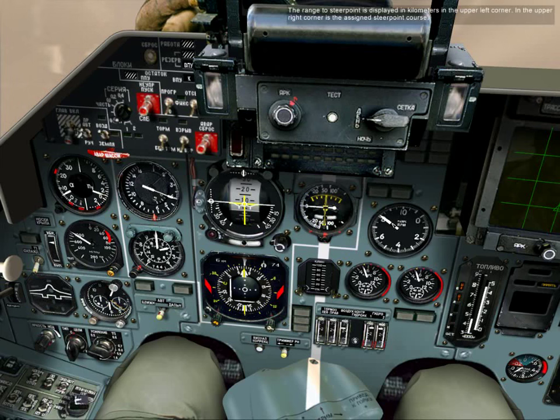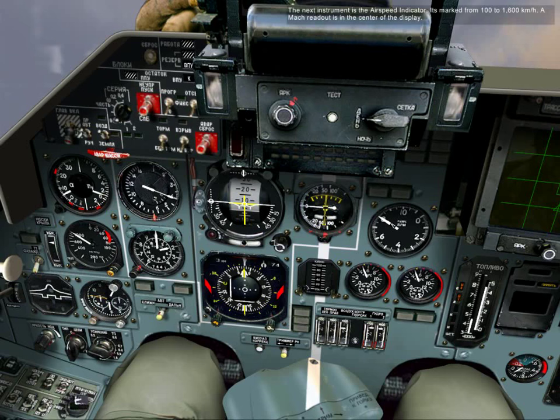The range to steer point is displayed in kilometers in the upper left corner. In the upper right corner is the assigned steer point course. If you're heading directly to the steer point along the assigned course, the 2 arrows will align and be pointed up. The 2 white bars in the center of the indicator are used to line up ILS approaches.